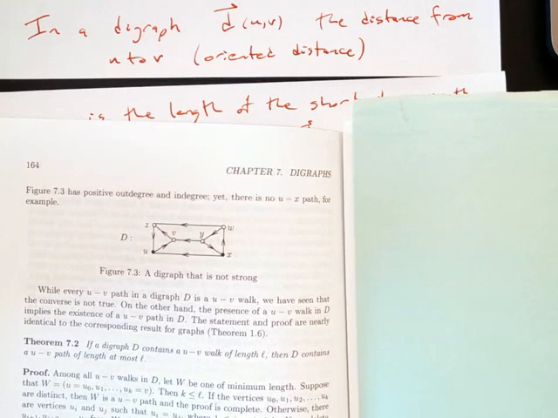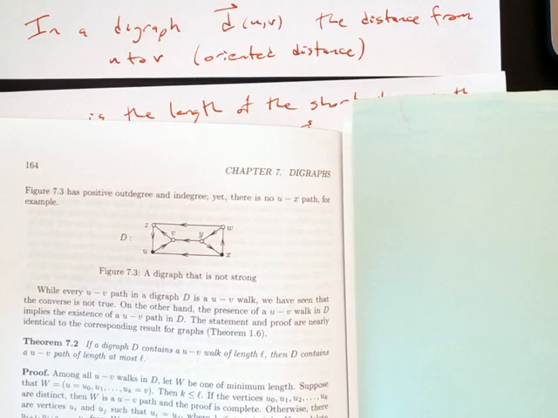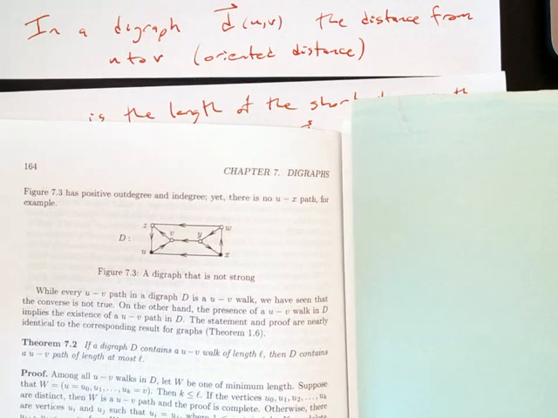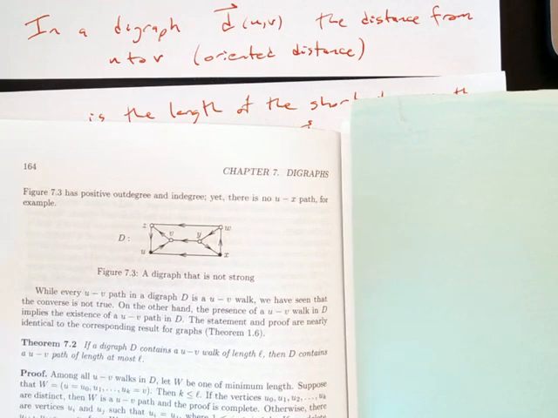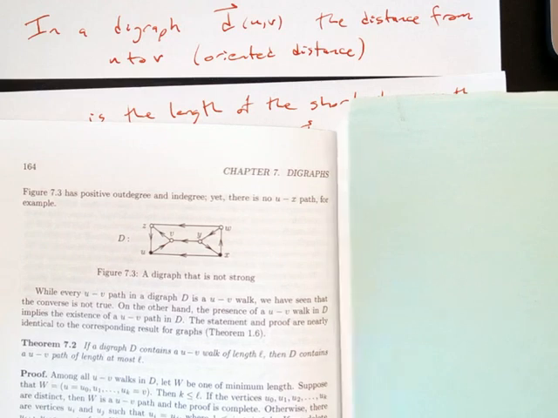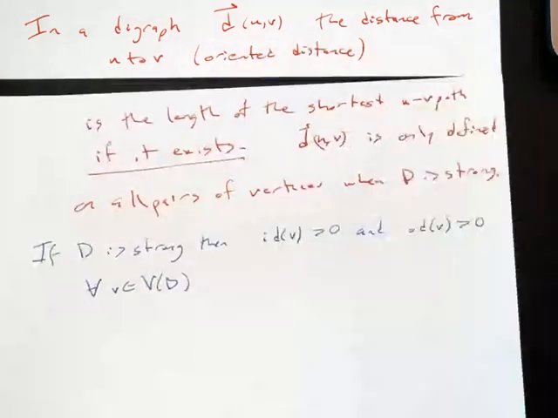Once I get to V, I can only go to Z. Once I get to Z, I can only go to U. I'm trapped in that little triangle over there on the left. So in spite of the fact that I get from X to U, I can't get back from U to X. That's not strong, but every vertex has positive in degree and positive out degree. So this condition is only if it's strong, then I'm guaranteed this, not the other way around.